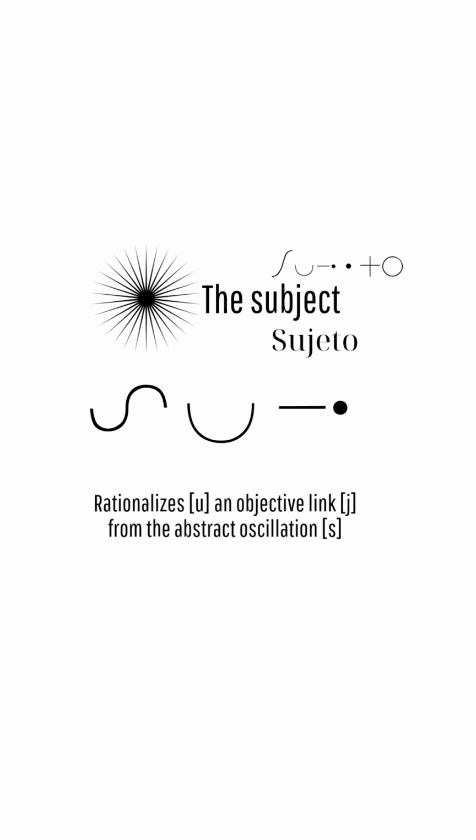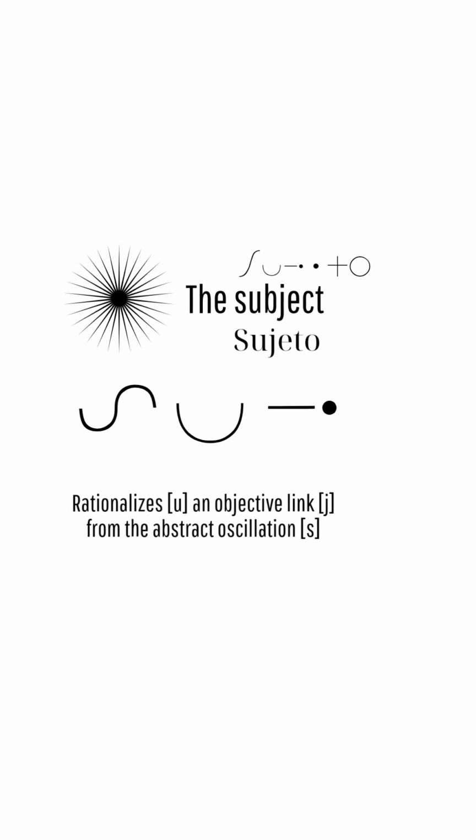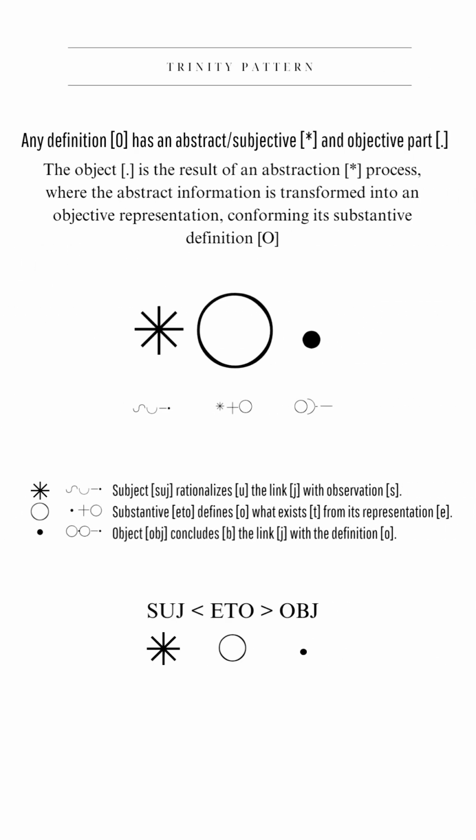So we've got our dots and our asterisks, but the source material also mentioned something called the Trinity concept. What's that all about? Ah, yes, the Trinity. That's where things get really interesting. Okay, so the Trinity, it's like this, we've got this duality, right? The dot and the asterisk, the concrete and the abstract. Right. But then there's this third element that ties it all together. The Trinity. Exactly.